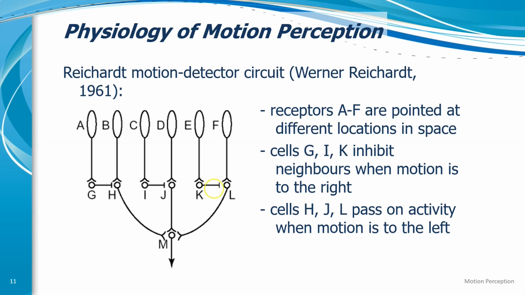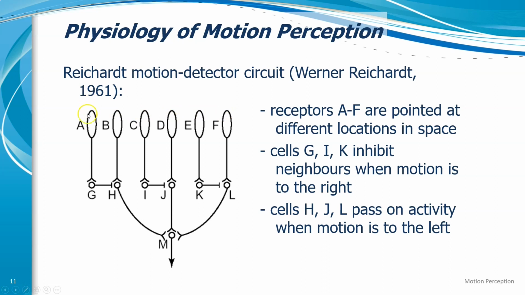Let's take a step back and see what happens when motion is to the right. That would mean a point of light starting here at A, then hitting B, then C, and then finally reaching F. That motion is to the right.